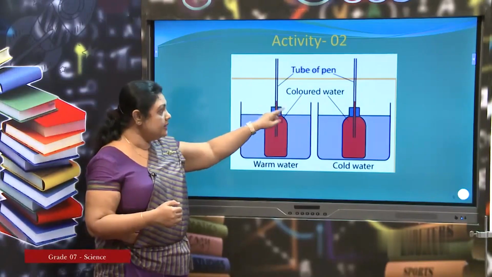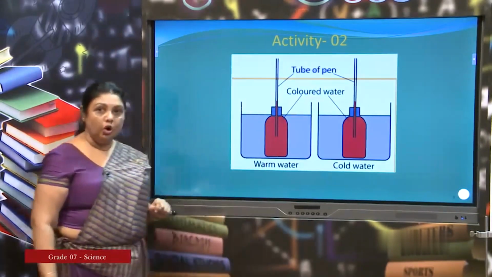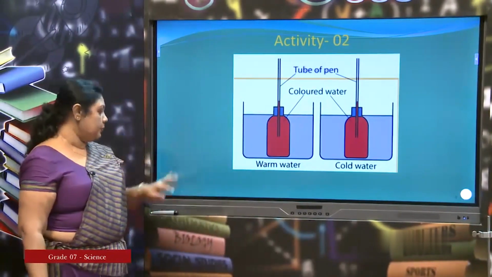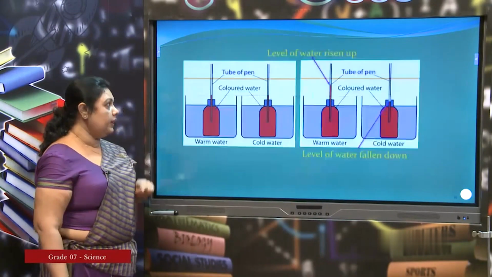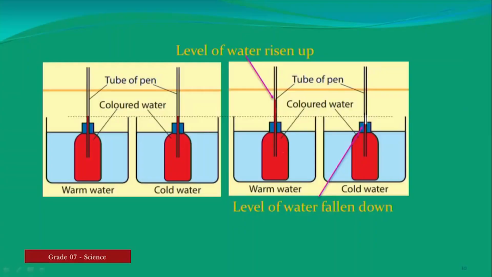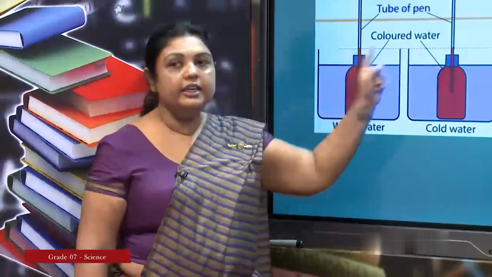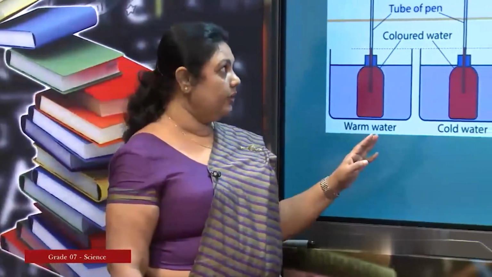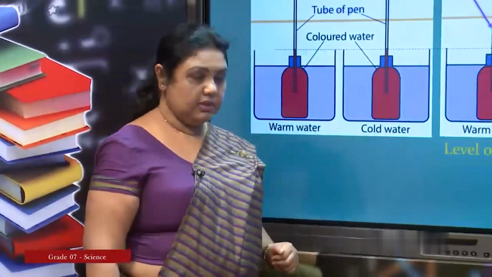Here, look at this level only, you have to observe in this experiment. We will see what will happen here. Look at this now. You can see very well here, warm water, cold water, see the initial levels. Initial levels are the same. You can see the tube of the pen is there, colored water, and initially the levels are the same. This is after some time.